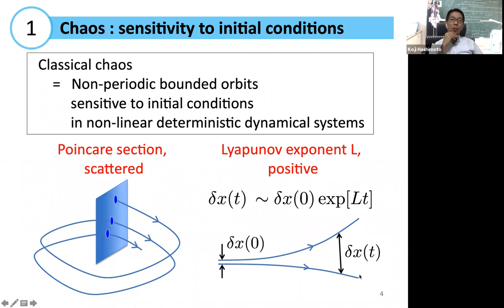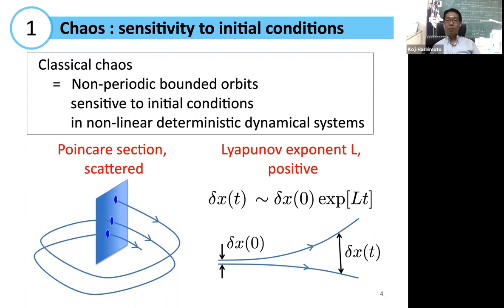The definition of classical chaos is as follows. Literally, it's non-periodic bounded orbits sensitive to initial conditions in nonlinear deterministic dynamical systems. You need a bounded system, which is good for quantizing it, since an infinite system has a continuous spectrum.